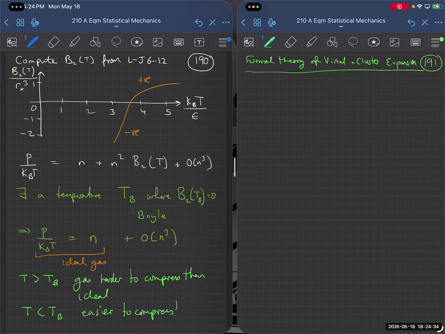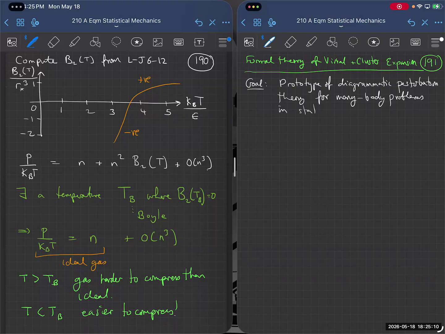It is the prototype of diagrammatic perturbation theory for many body problems in stat mech, solid state physics, field theory, even fluid mechanics.